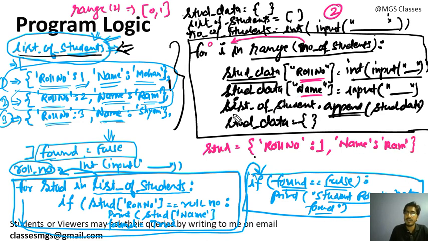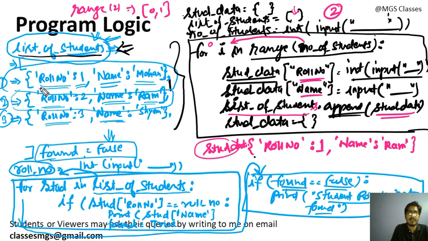And then we are inserting this particular dictionary into the list of students. So the list's first element will become what? Let me show you here, I don't have much space. Let's suppose this student data is a dictionary. So the student data will be inserted into this list.